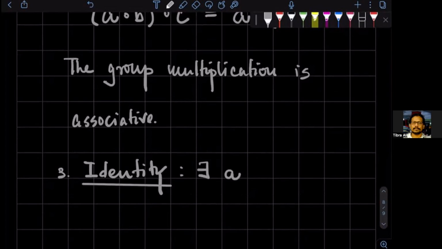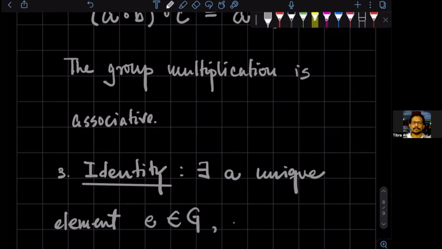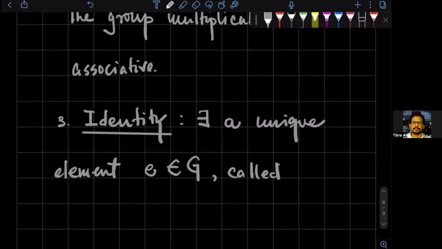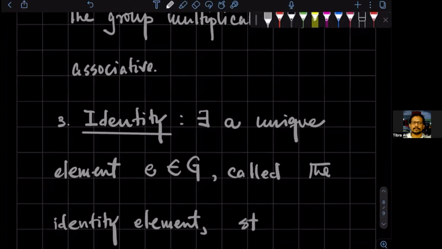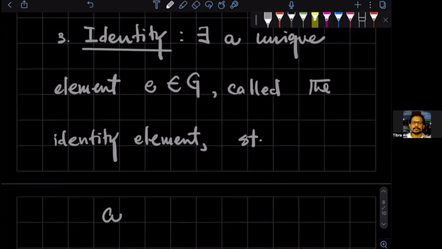So there must exist a unique element, let's call it E. It's called the identity, or identity element, in short called identity, such that for any group element A, A times E is going to be A, for any A in G.